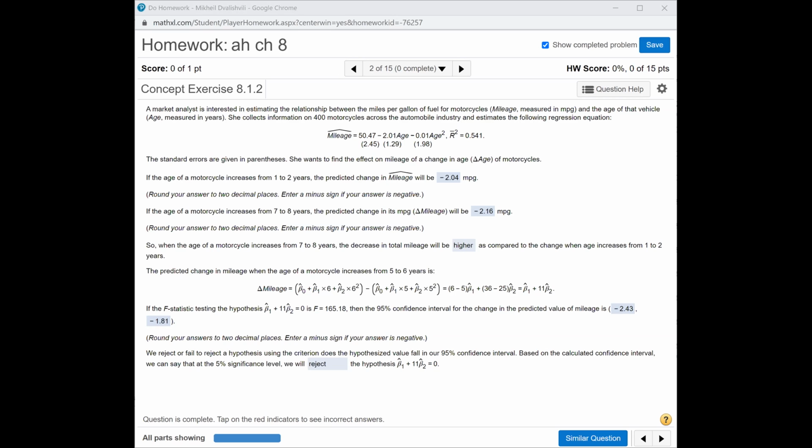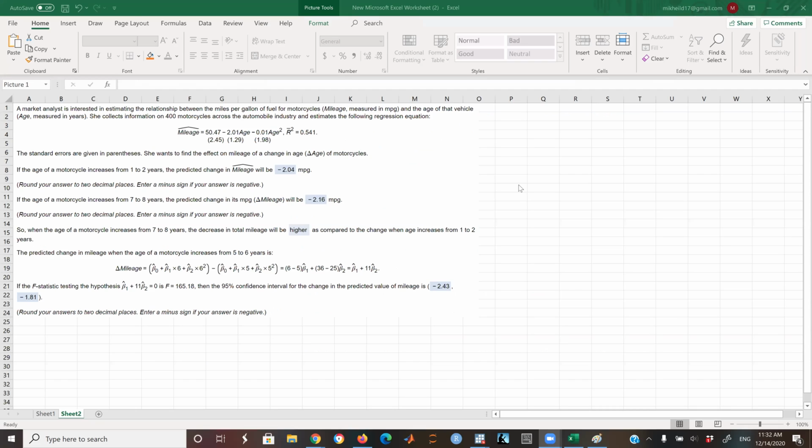Okay. So let me now share the Excel. So Andrew, we want to calculate the confidence interval for this thing here, right? So for that, we need beta 1 hat, which is minus 2.01.